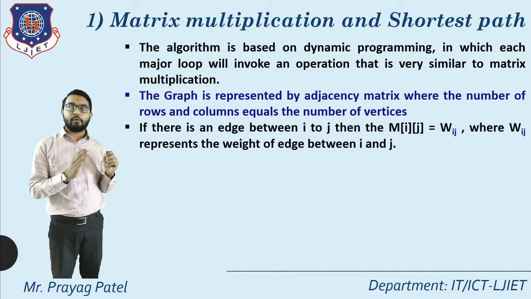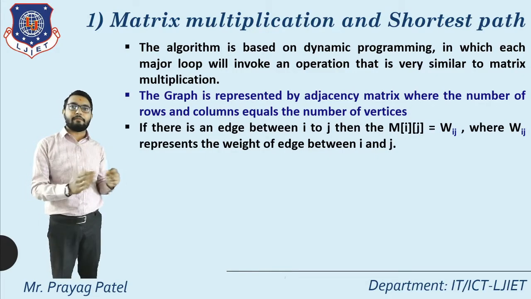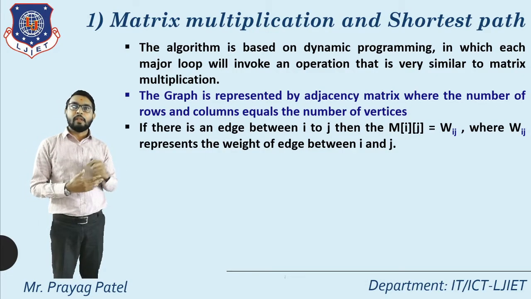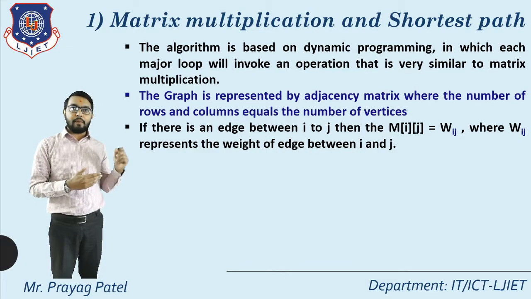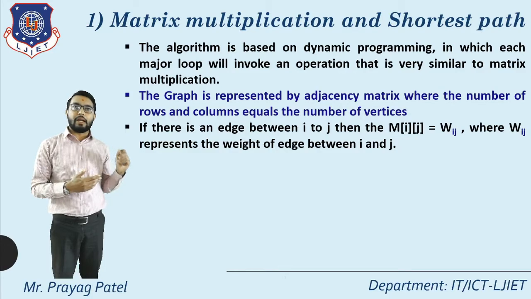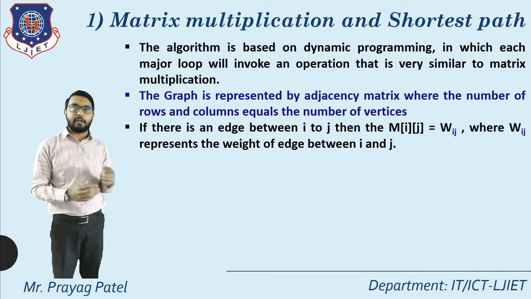For example, for 5 nodes, consider 5 rows and 5 columns. If there is an edge from i to j, then m of ij equals wij. Here wij represents the weight of the edge from i to j. So m of ij equals the weight from i to j.